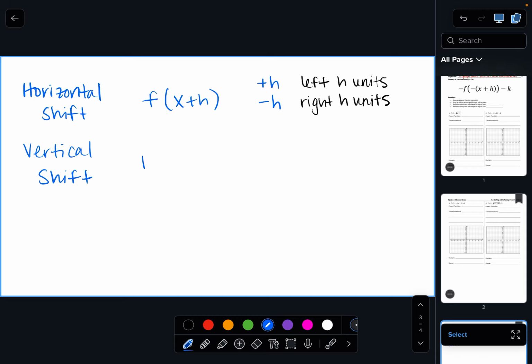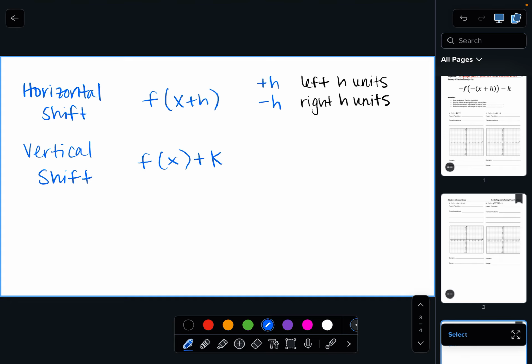And that always happens outside of the parent function. So again, when I have inside, that means it's inside the parentheses. It's inside the radical, inside the absolute value bars. If you have numbers outside, that is when we're shifting up and shifting down.